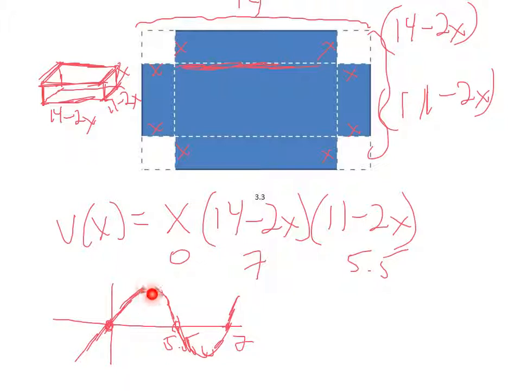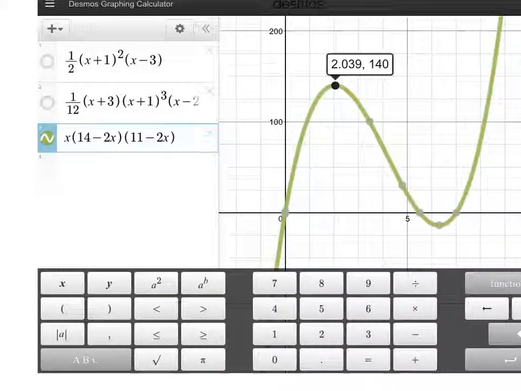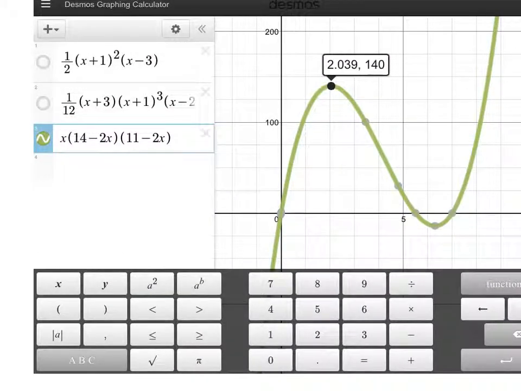At this point in our mathematical lives, really what you want to do is put this into a calculator, graph it, and look for that x value where there's a maximum. So I graphed that out in Desmos, and I knew that the maximum value was going to happen between 0 and 5.5, and that's what I'm seeing right up there. Okay, so when x equals a little better than 2 inches, we know that'll maximize our volume.